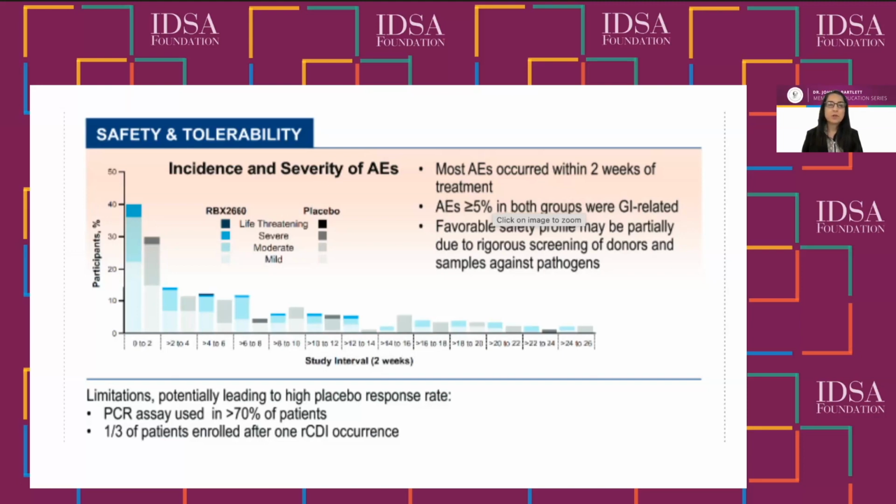In situations where the PCR has been the sole assay used to determine whether recurrent C. diff has occurred or not, there can be the risk of overdiagnosis and overcalling the endpoint. And so for many of these trials, it's usually a combination of obviously symptoms plus PCR plus either a second test or an independent adjudication. And so I think those are the things that are important here.